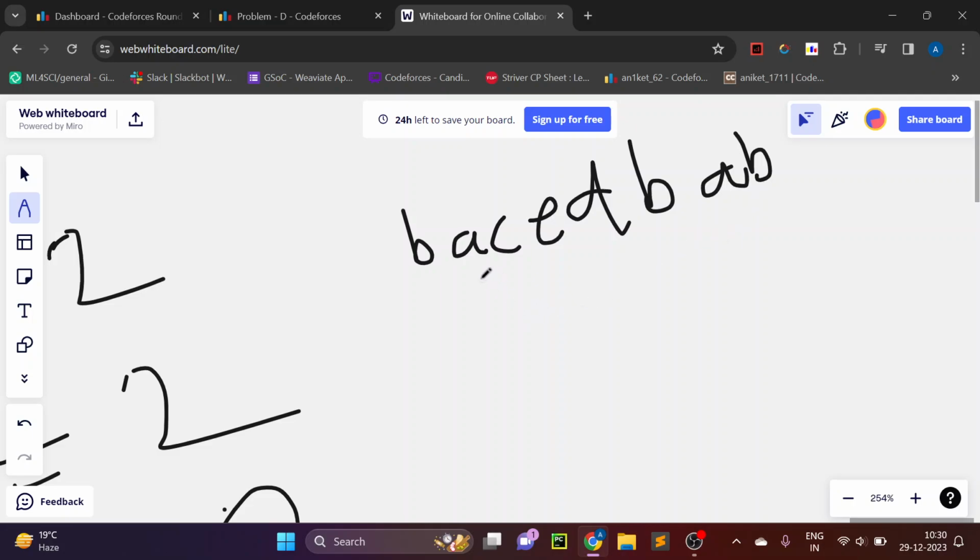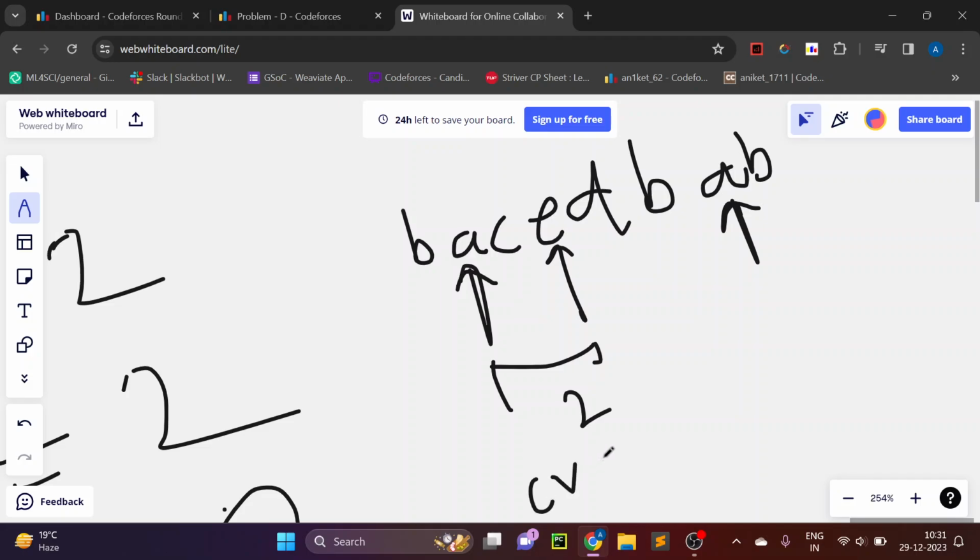Now this is the first vowel, this is the second vowel, and this is the third vowel. The difference between these two vowels is 2. So this follows a CV, CVC type of pattern. So I have to add the dot after the first vowel itself. So I will add a dot here.